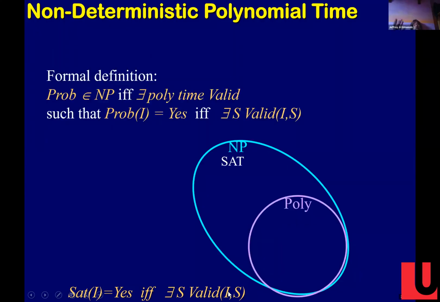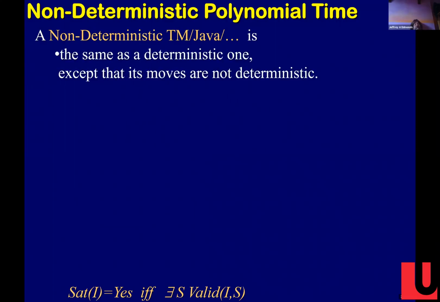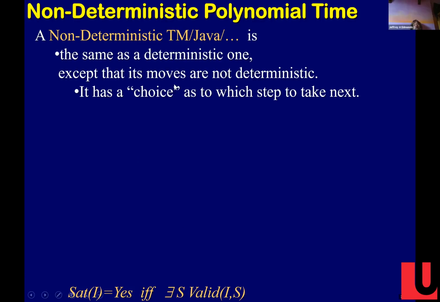Right, so that's just what we just said. This is just a little bit about non-deterministic Turing machines, right? We talked about, in the class, non-deterministic finite automata. But here, what is a non-deterministic Turing machine? Well, it's the same as a deterministic one, except that it's not deterministic, right?